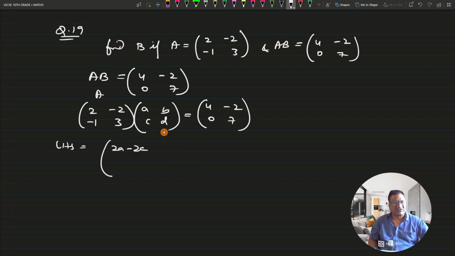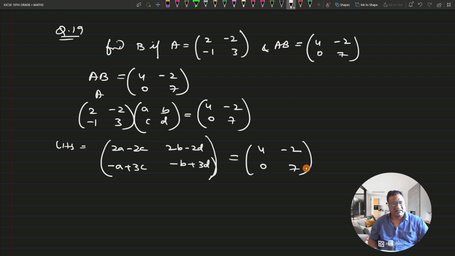Then first row, second column, I'll get 2b minus 2d. And second row, first column, that is this multiplied by this, should give me minus a plus 3c. And here I should get minus b and plus 3d. Okay, so this is my left hand side. Okay, this should be equal to 4 minus 2, 0 and 7.